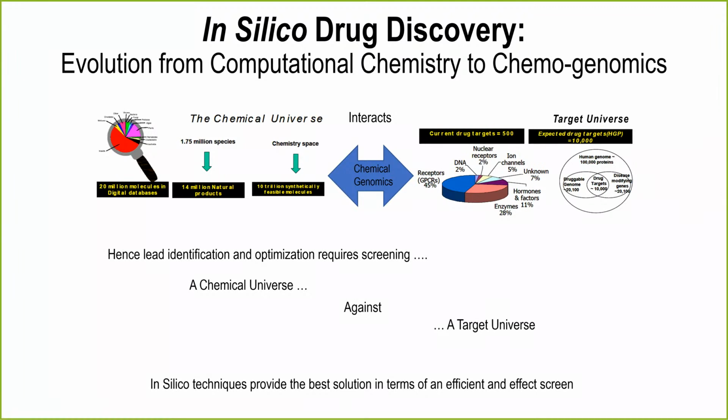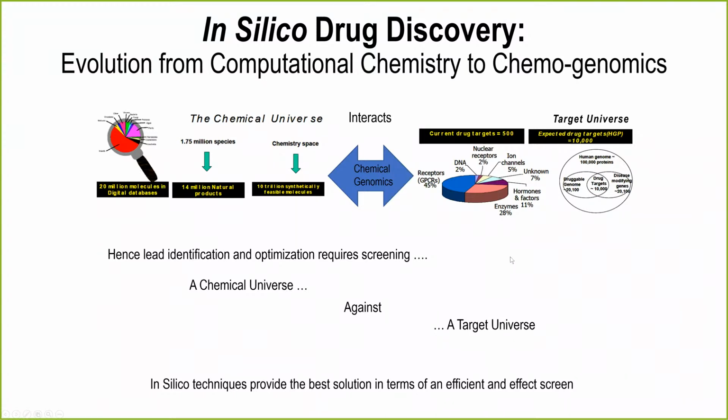There are the ZINC databases and many other vendors, and the chemical space is huge, roughly 10 trillion. And for drug targets, protein targets, there are presently roughly 100,000 human proteins, but only 500 are considered drug targets. Because of genomics, the expected drug targets would increase to 10,000.